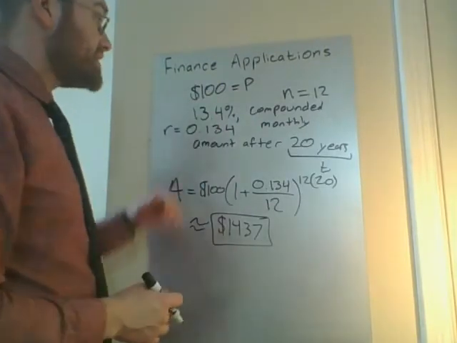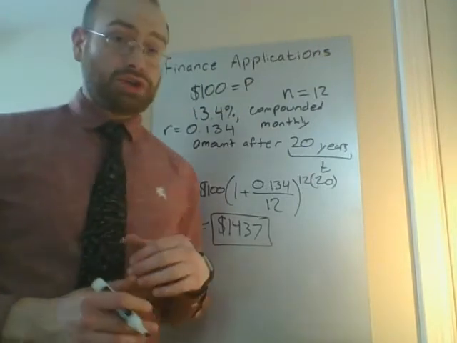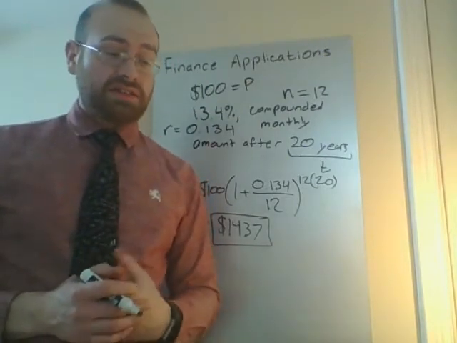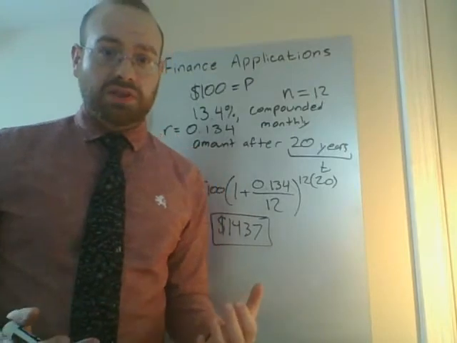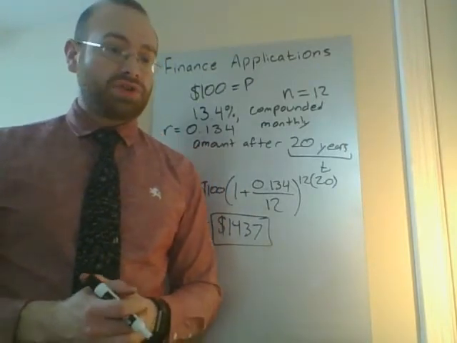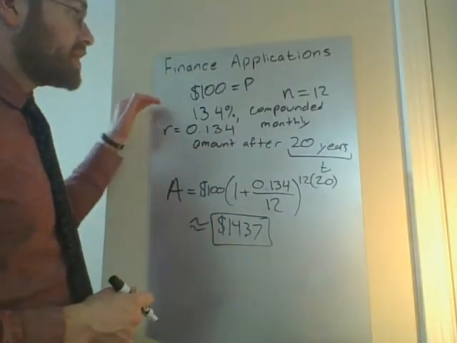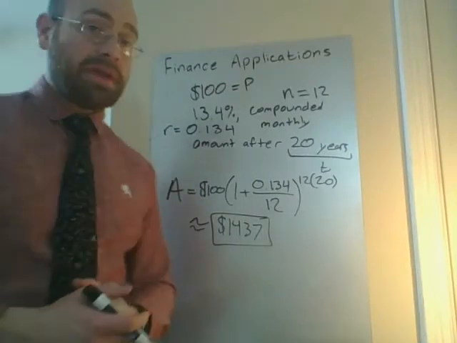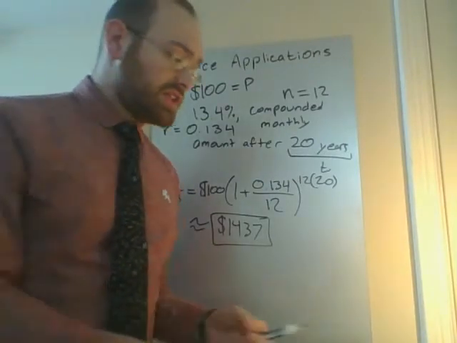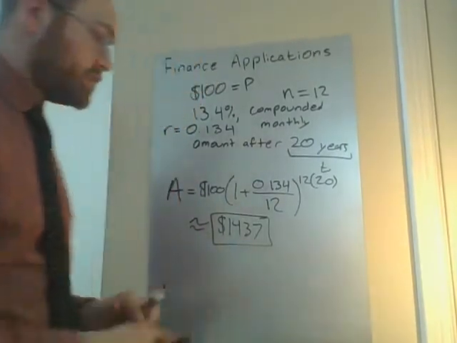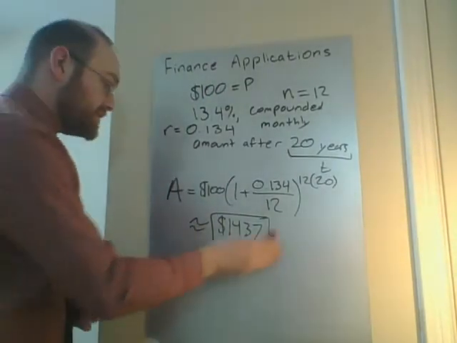Now, it's important to realize 13.4% is incredibly high interest, and it's unlikely you would find any account that offers that much, but it does show us how powerful compounding interest can be. So let's look at that other example in which I said we would compound continuously.